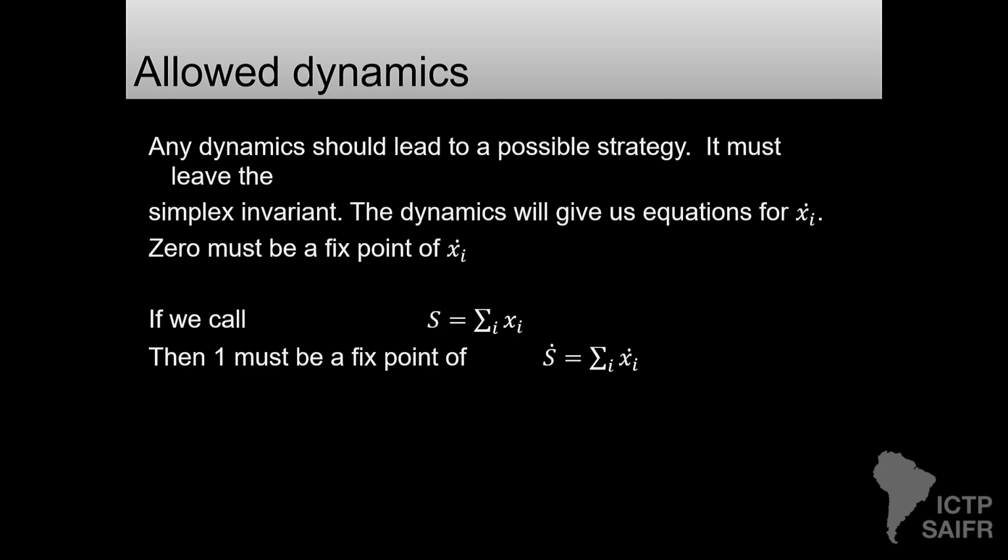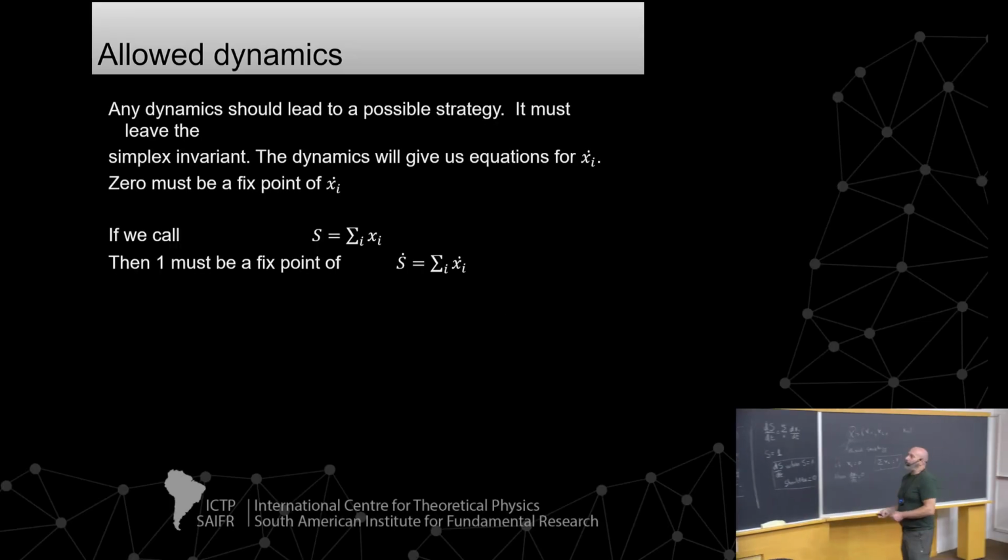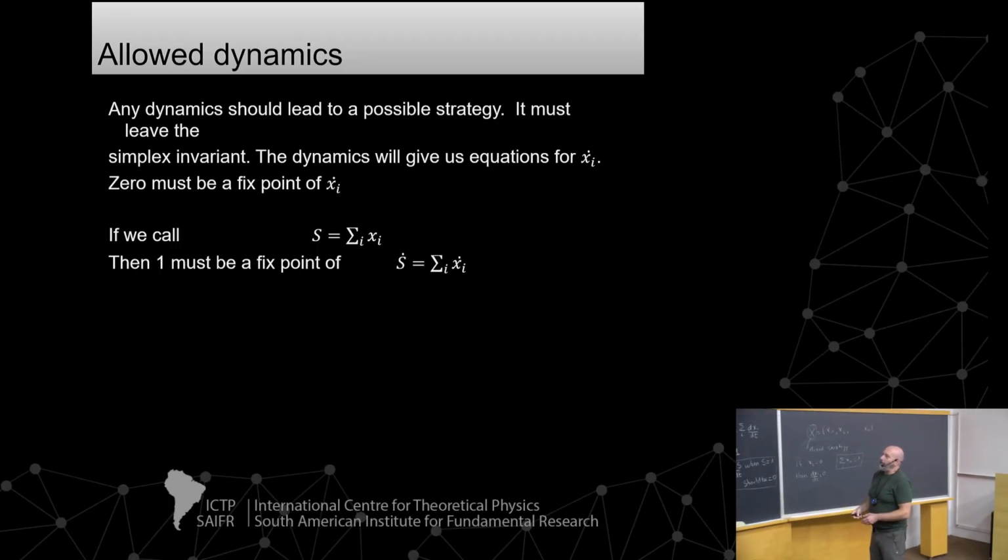That component should remain equal to 0 along all the dynamics, along all the time. So there is no possibility to create a strategy. If the strategy is not present from the beginning, the strategy cannot appear. This is very strong and reduces the possibilities for dynamics I can propose for an evolutionary game.